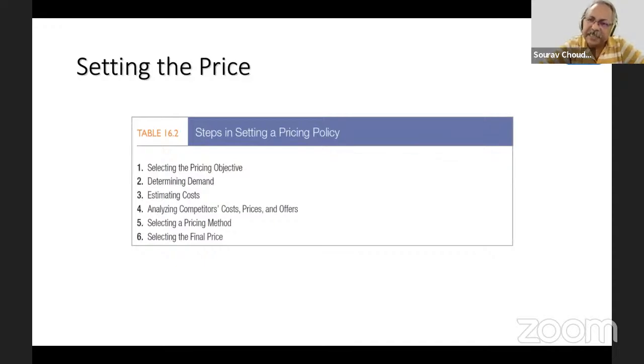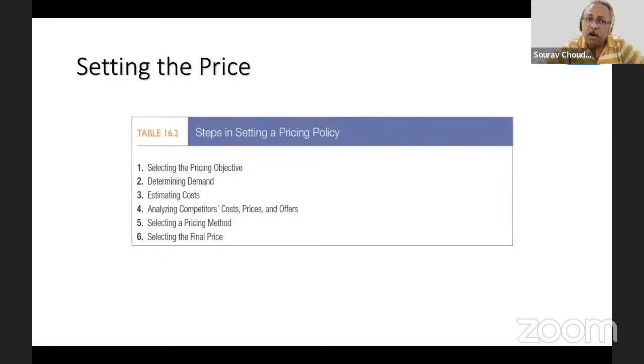So pricing is a big science. There are departments in big organizations who only decide on pricing. Okay. And every pricing has an objective. Okay. We'll come to those objectives. Determining demands, how much demand should be there, and accordingly how much price should be there.